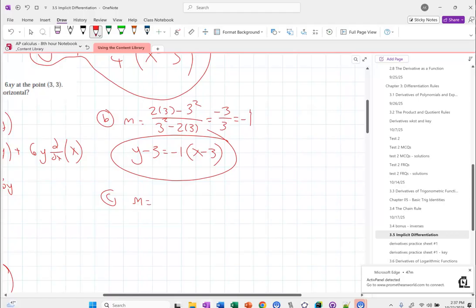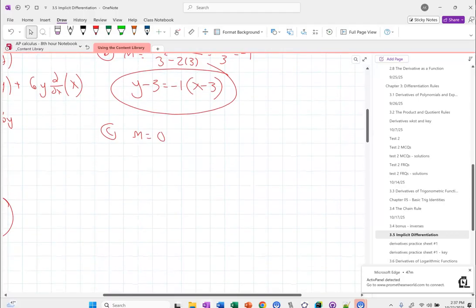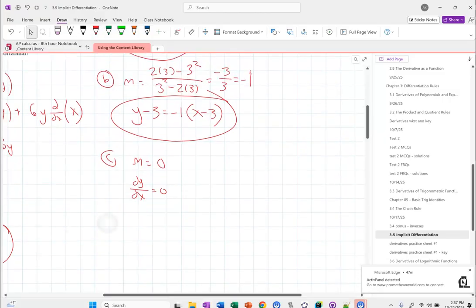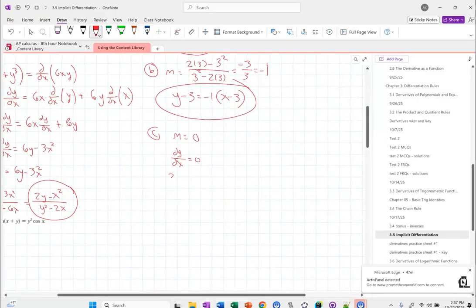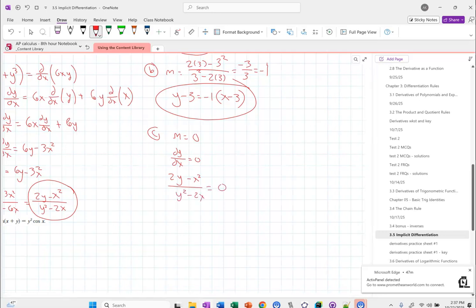And what's slope really mean for us? So dy/dx equal to 0. So (2y minus x squared) over (y squared minus 2x) is equal to 0.